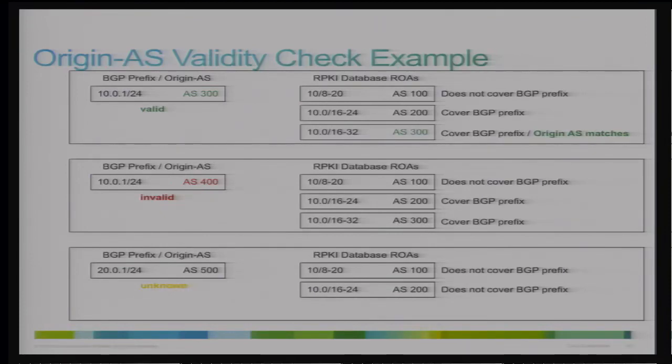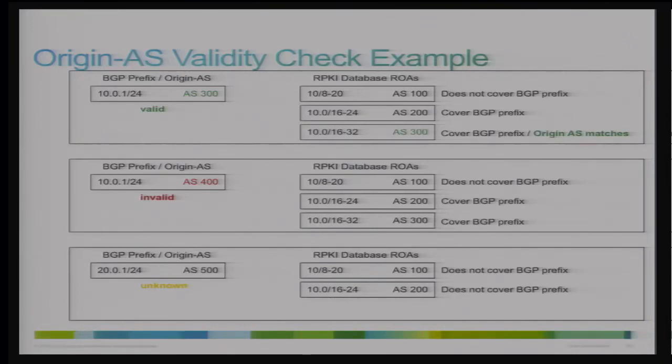Let's say 10/8 through /20 can originate from AS number 100. 10.0/16 up to /24 can originate from AS 200. And 10.0.1/24 can originate from AS 300.